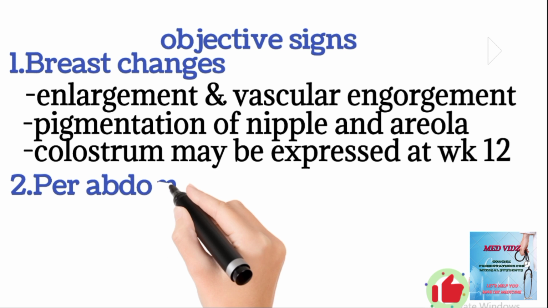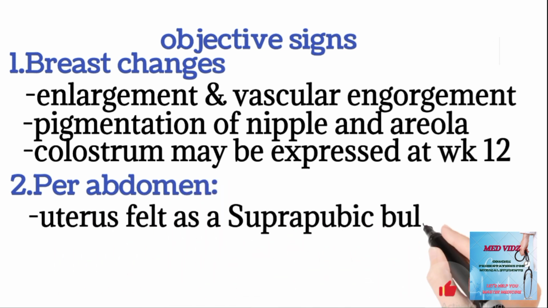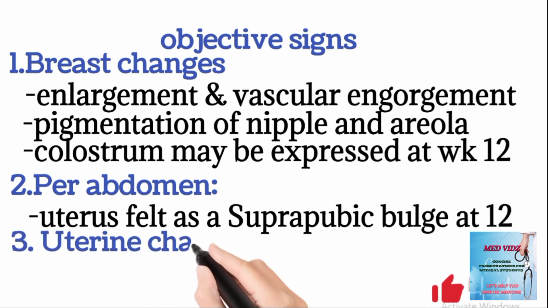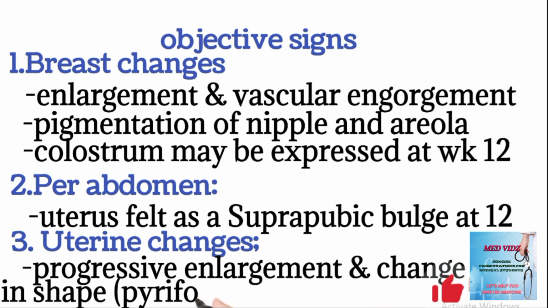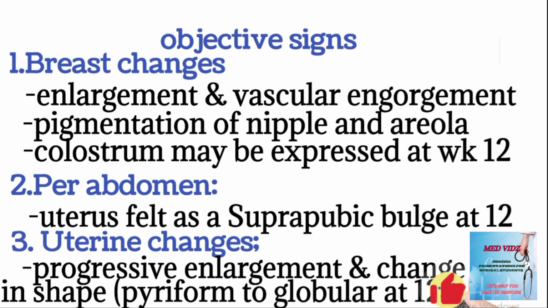On abdominal examination, the uterus is felt as a suprapubic bulge at around the 12th week, and the uterus undergoes certain changes which include progressive enlargement and change in shape from the originally piriform shape in mothers who are not pregnant to a globular form by 12 weeks in those mothers that are pregnant.